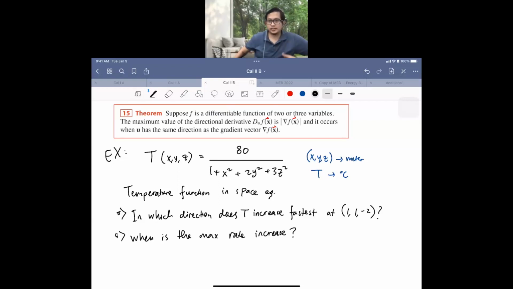First it's asking for the direction, meaning the vector. And the second question is the maximum rate, meaning the value of the rate.